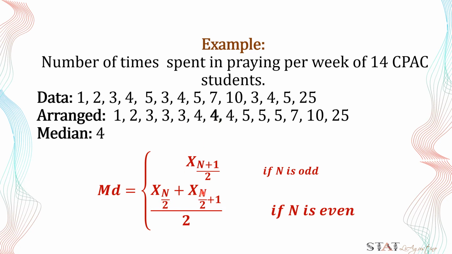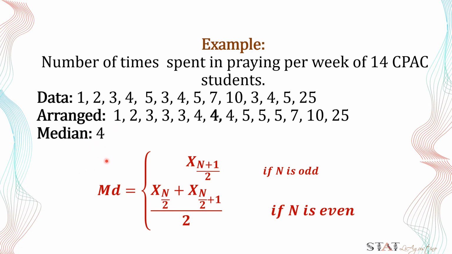Plus x of n divided by 2 plus 1, so 7 plus 1 is 8, the eighth value, which is also 4. So 4 plus 4 is 8, divided by 2 is 4. So the median is 4.